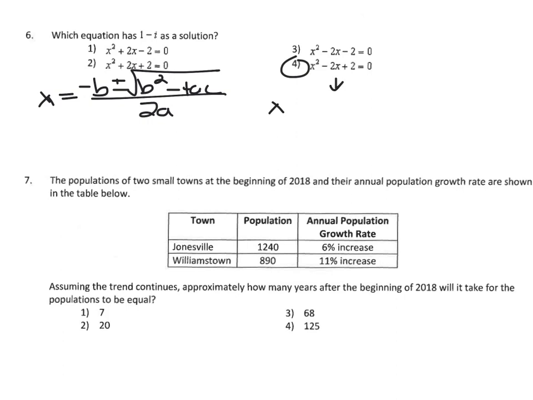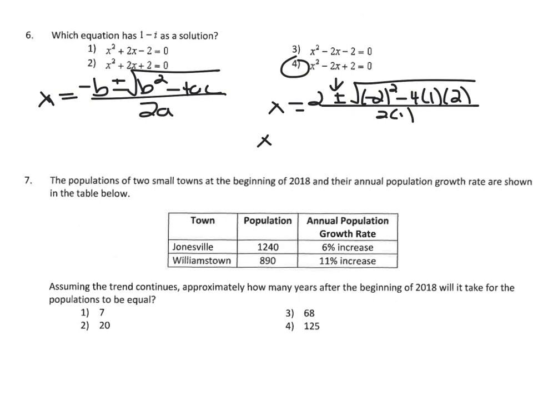So we would have x equals negative 2 would be positive 2, plus and minus the square root of negative 2 in parentheses squared minus 4 times 1 times 2, over 2 times 1.